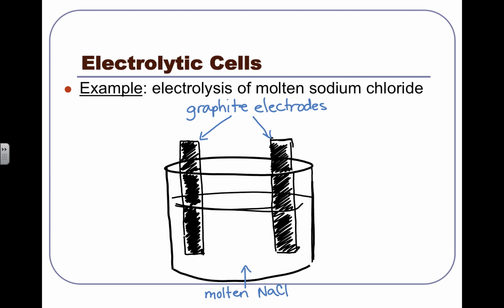Okay, molten sodium chloride. We're going to draw and label this. So we're going to start with our graphite electrodes, and they're submerged in molten sodium chloride. So molten, meaning liquid, by the way. Okay, we're going to hook up our battery.